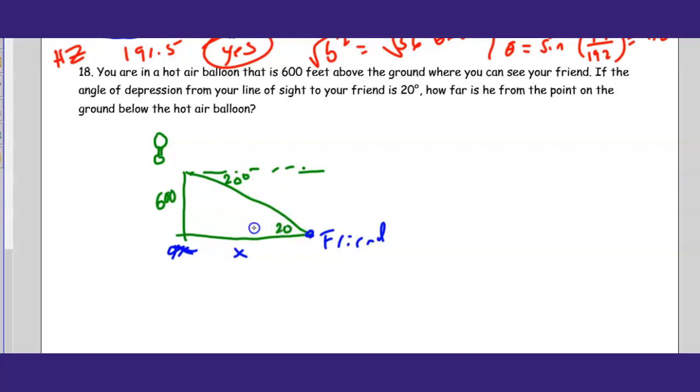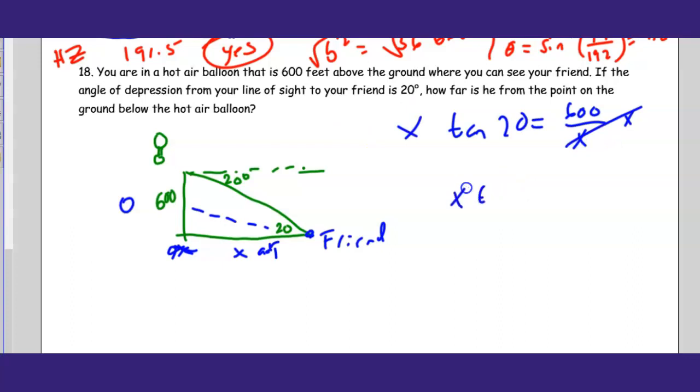That's my angle of depression. Now I'm in my triangle. I'm going to use opposite and adjacent, so that's going to be tangent. Tangent of 20 equals opposite over adjacent, and I need to solve for x. So multiply by x on both sides, and then divide by tangent of 20.